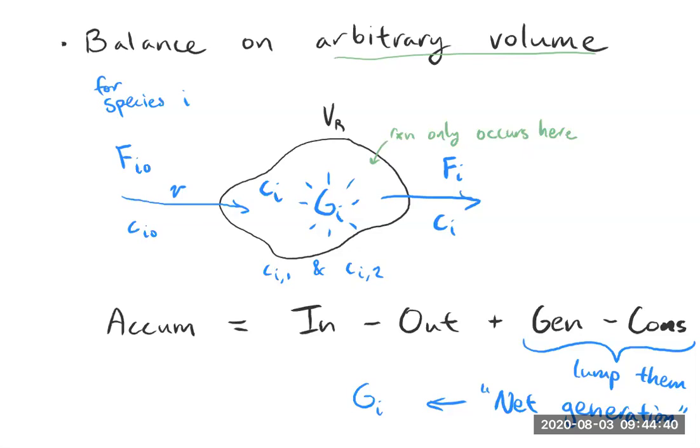If we want to be able to write this out now, we go back. I'll just simplify here. We've already made this some kind of net generation. Okay, so now we want to take these terms and think about what's actually happening in that volume.